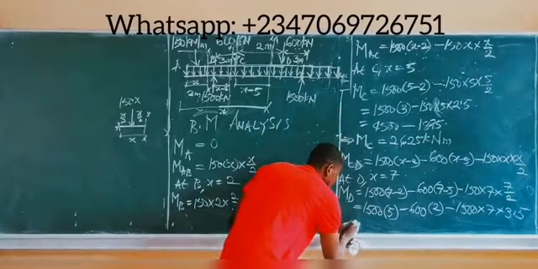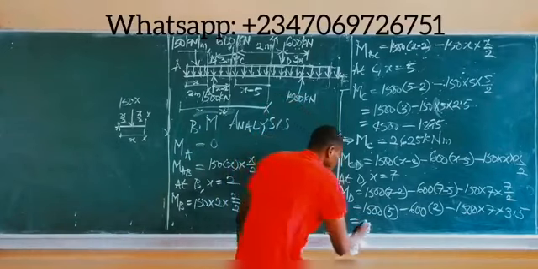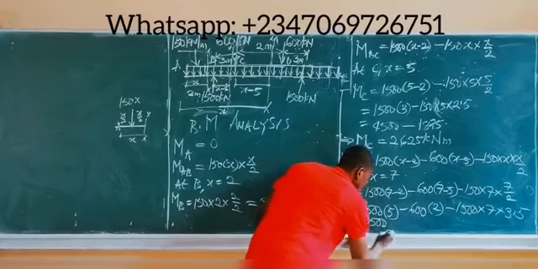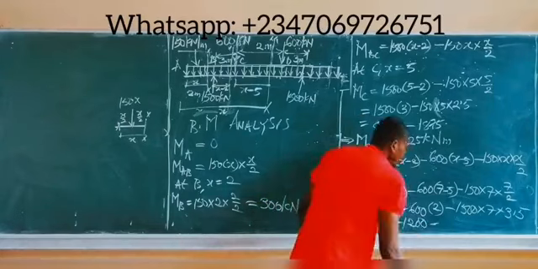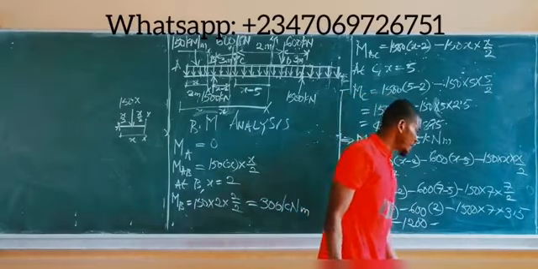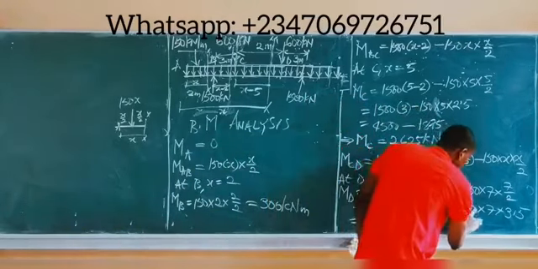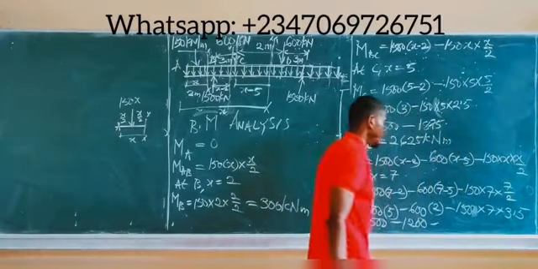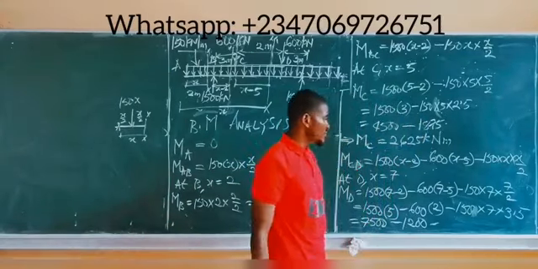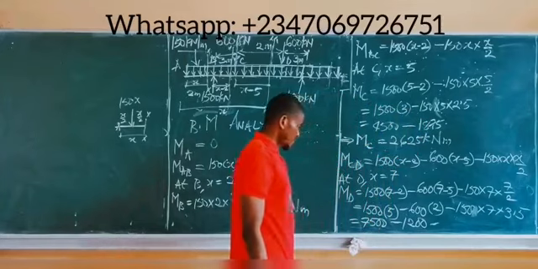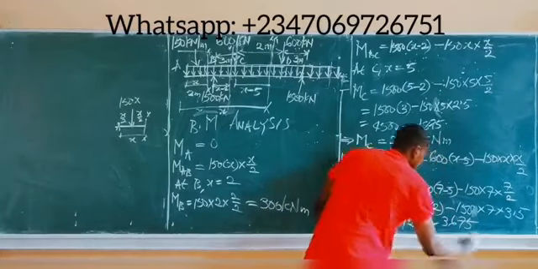So the moment at D is equal to 1,500 times 5, which is 7,500, minus 600 times 2, which is 1,200, minus 150 times 7 times 3.5. Please take note, this is 150, not 1,500. That gives 3675.